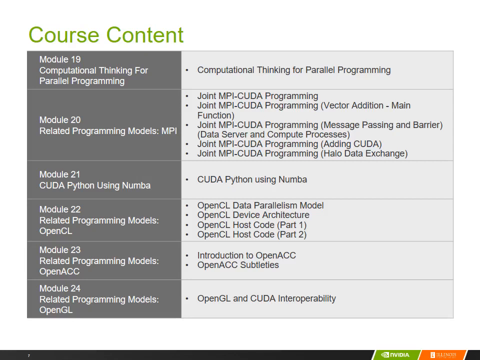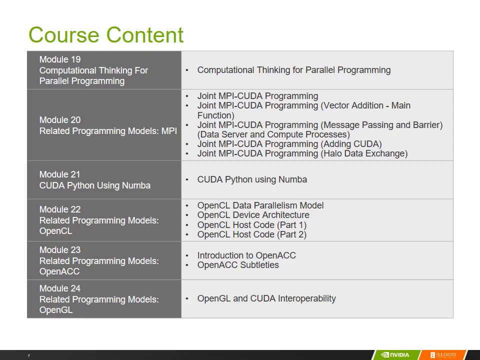Module 21 introduces CUDA Python and shows the students how they can benefit from GPU acceleration when they write Python code. And Module 22 introduces a very closely related cousin of CUDA C, which is OpenCL.